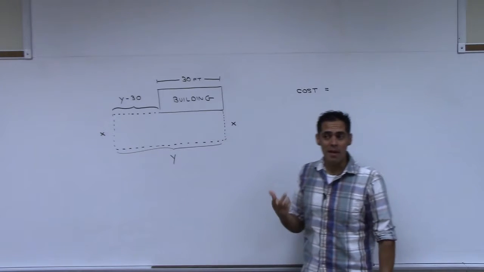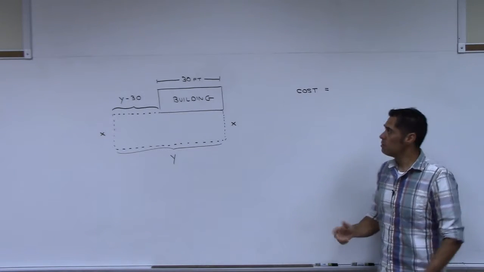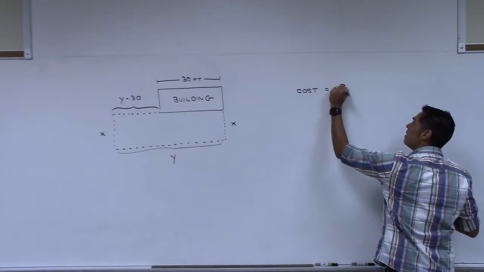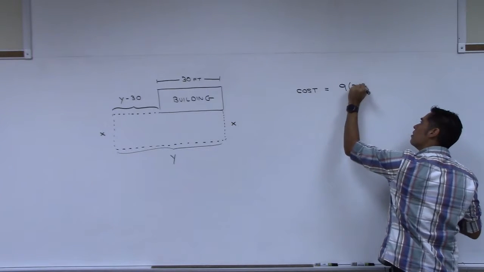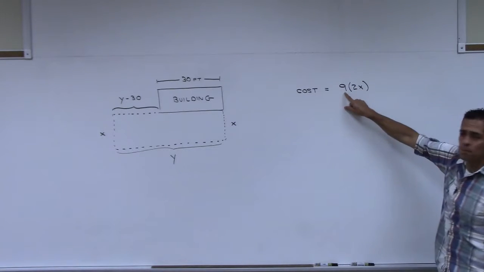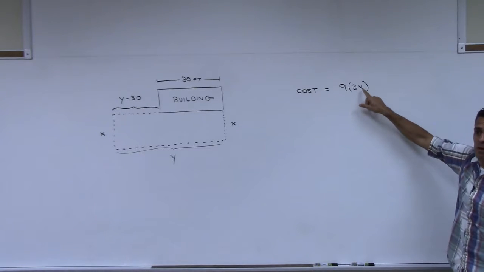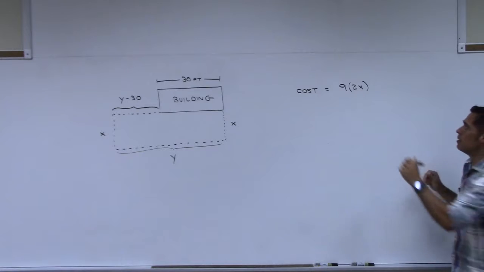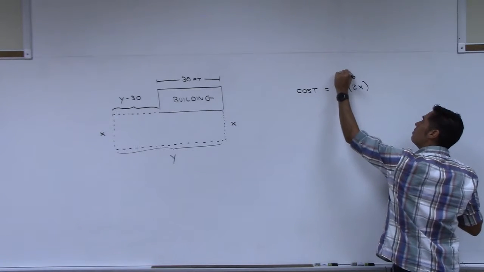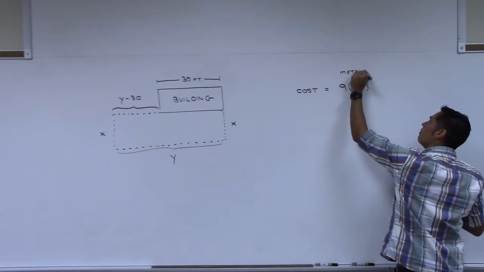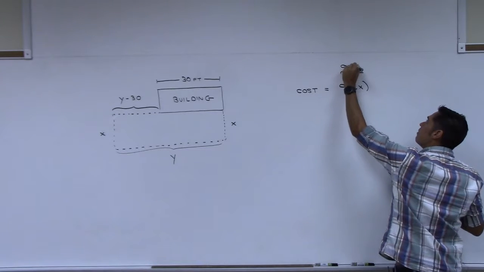And I need to multiply that by 9 to get my cost. So let me write that down. I'm going to do 9 times 2X. This is the price per foot for the metal fence times how much metal fence I have. I have 2 X's. So this is the metal cost, or I'll say the cost of the metal part.